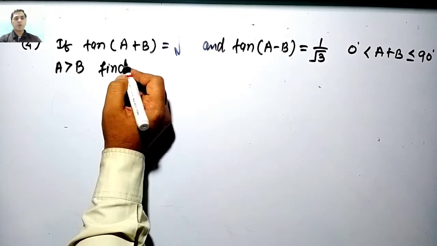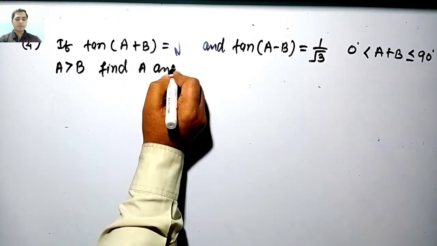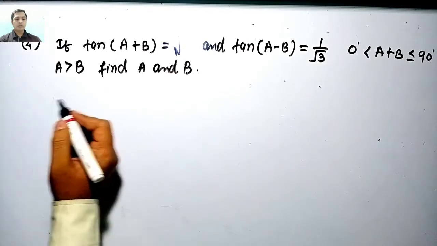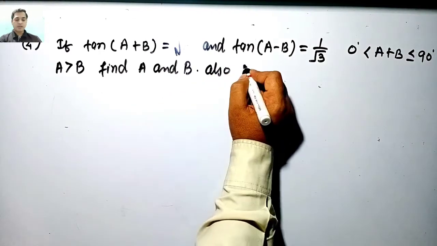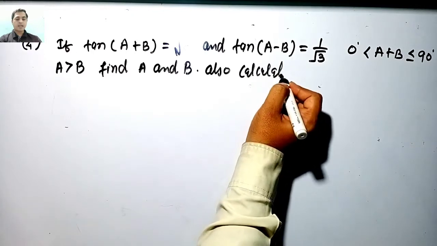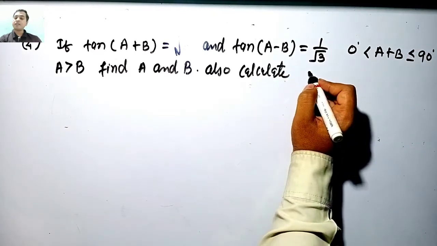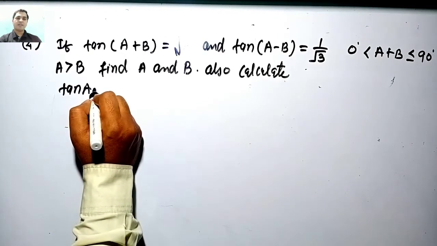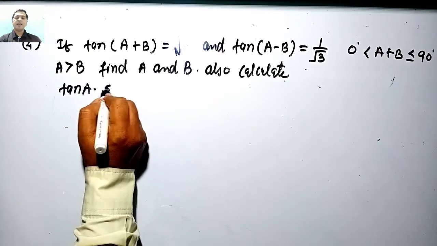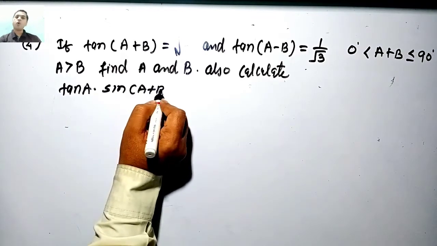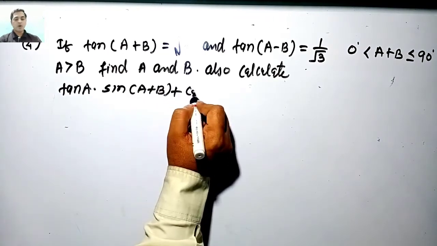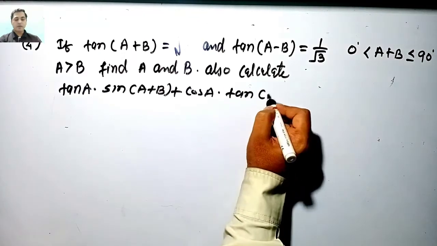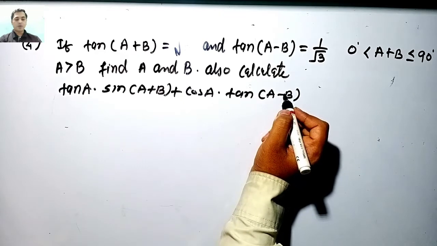So we have to find a and b, and we also have to calculate tan a into sine a plus b plus cos a into tan a minus b.